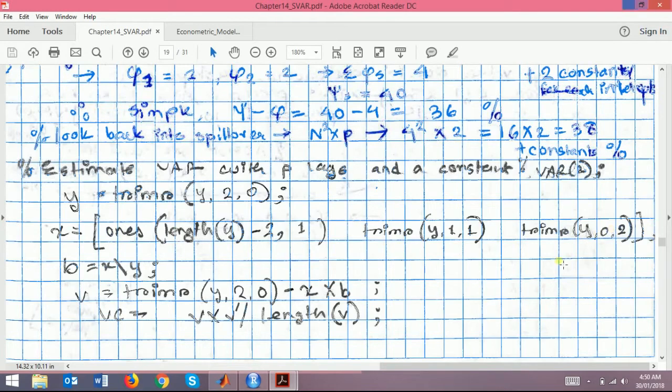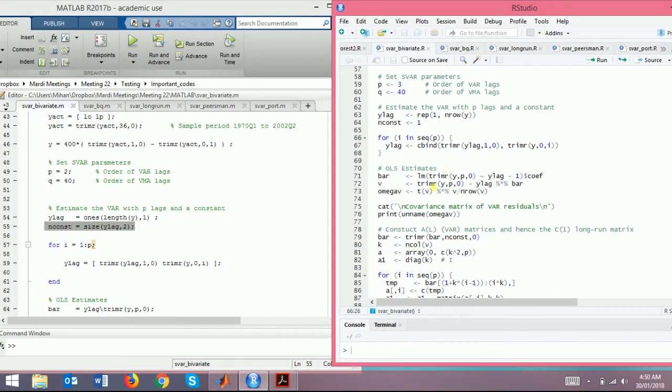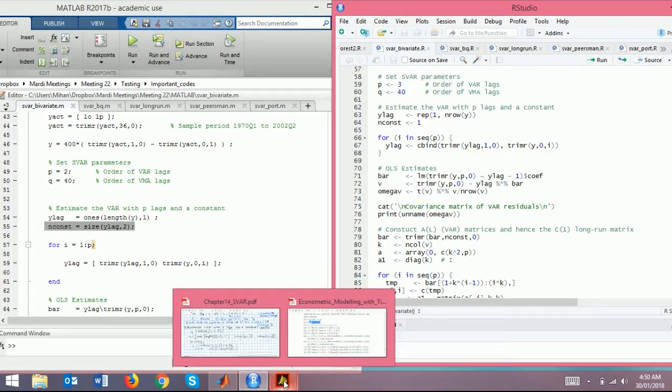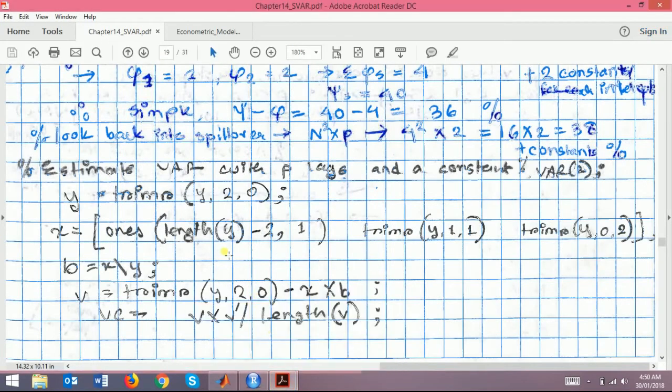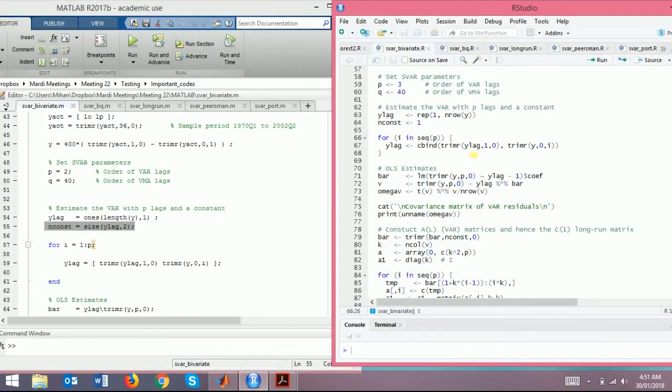Y minus 2 trimmer y1 y02. The whole thing is presented in one loop. Very simple. Ylag 10, trimmer ylag 0i. That's all. Trimmer 02. So ylag 10, trimmer ylag 0i, and number of constant is fixed.